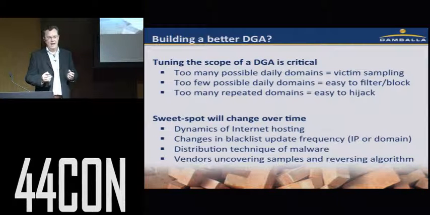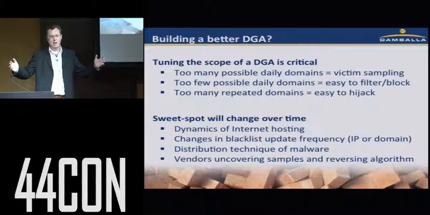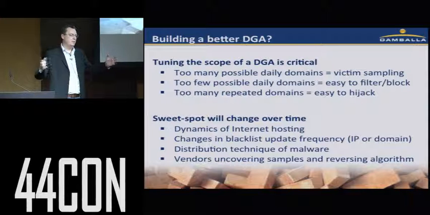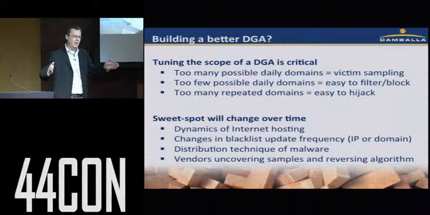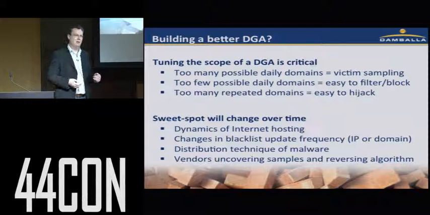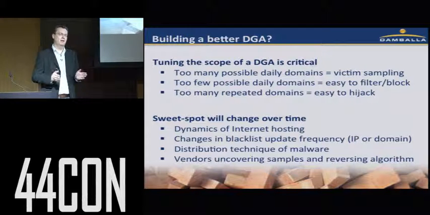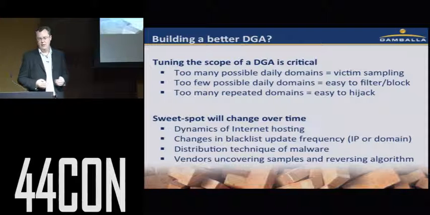If I have too many daily domain names in my algorithm, then I'm only really sampling the number of victims. I may have a botnet of 1 million hosts out there, however I'm only sampling, let's say, 1 in 10, so I can only control or issue commands to 1/10 of my particular botnet.